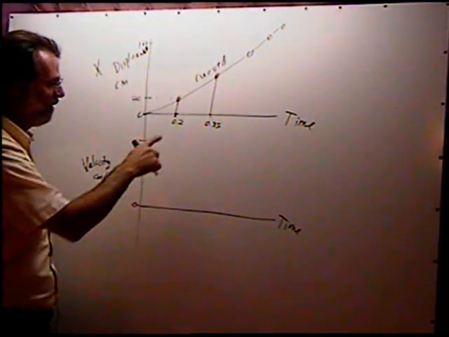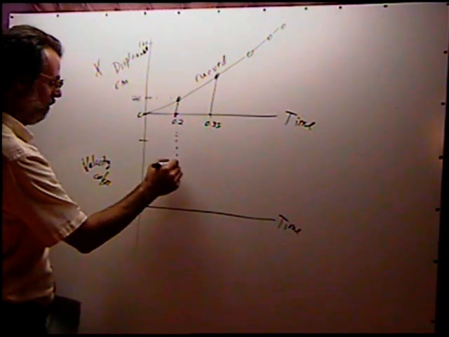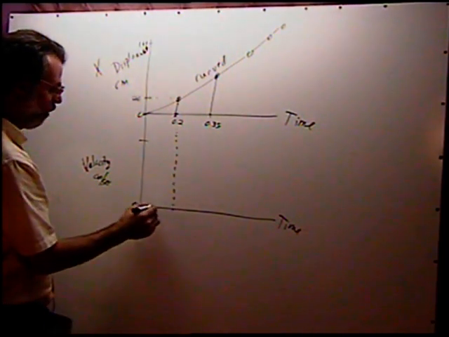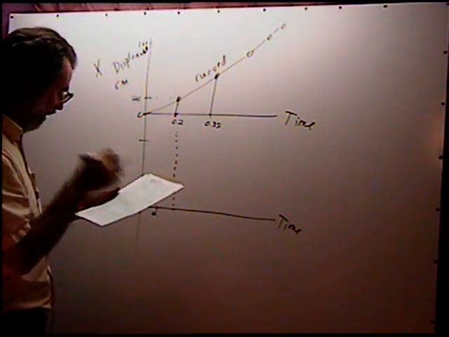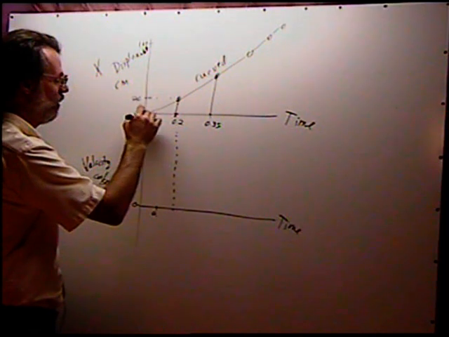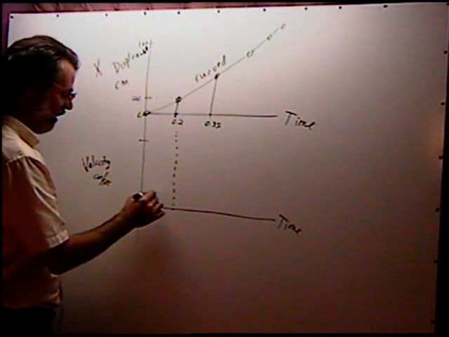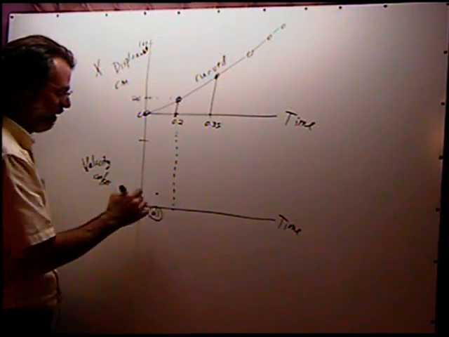The average velocity happens at the midpoint. So the midpoint is 0.1, and you're going to calculate what the average velocity is from this point to this point. Whatever that average velocity is, you're going to plot it at this midpoint.